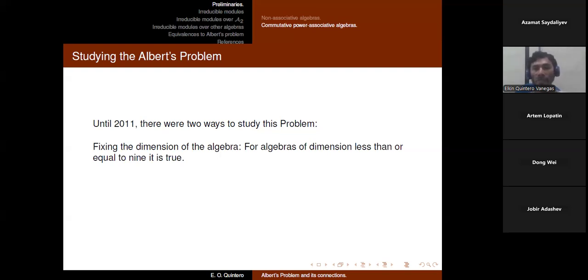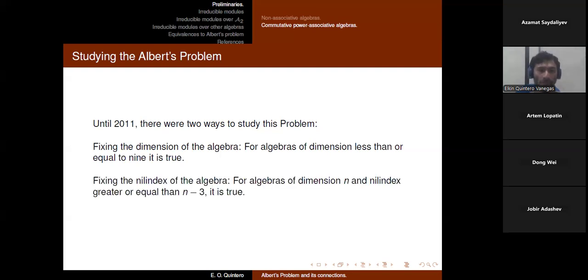Or for dimension less than or equal to 8, the characteristic must be different from 2, 3, and 5. The other way is fixing the nil index of the algebra. In this case, for algebras of dimension n and nil index greater than or equal to n minus 3, Albert's problem is true. Here the characteristic must be different from 2, 3, and 5.